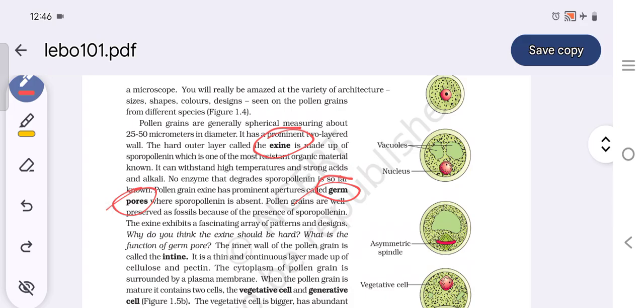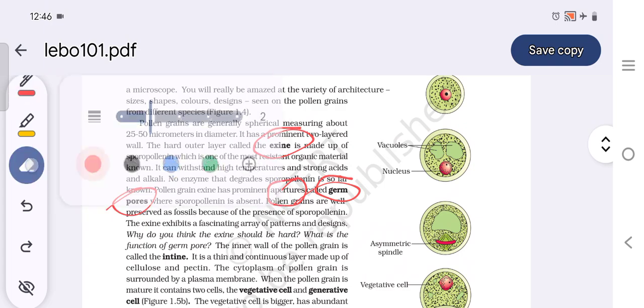These pollen grains have germ pores, which are apertures, meaning small holes, pores. Since they are holes, they don't have the sporopollenin as the covering, and it is through these holes or pores that the pollen tubes grow.